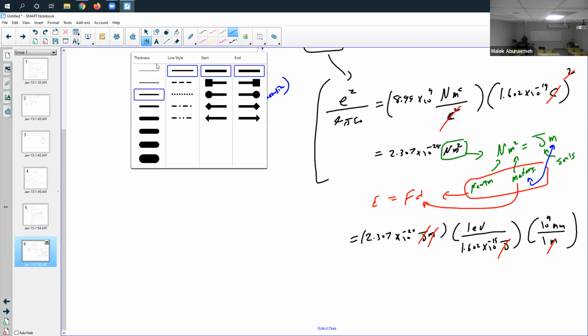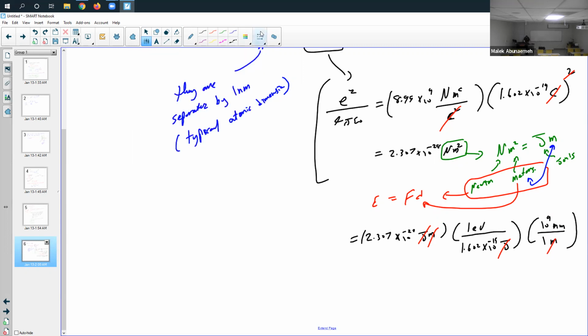Your answer will be 1.44 electron volt nanometers. So your e squared over 4 pi epsilon naught is going to be 1.44 electron volt nanometers.